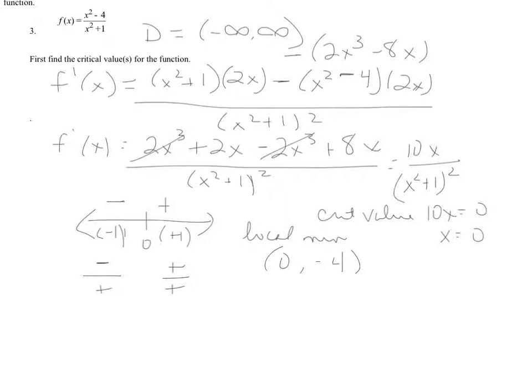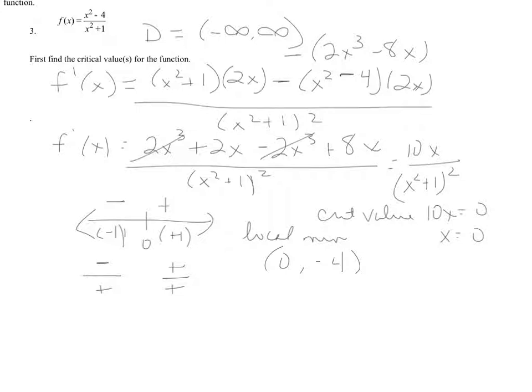There is one other thing that I could look at. Can I figure out if I've got any horizontal asymptotes? Let's do that, because that's going to tell me what's happening on the ends.